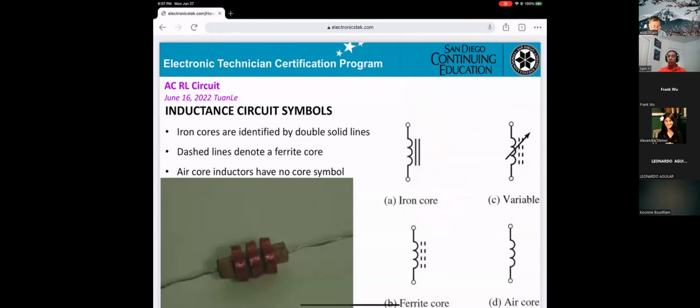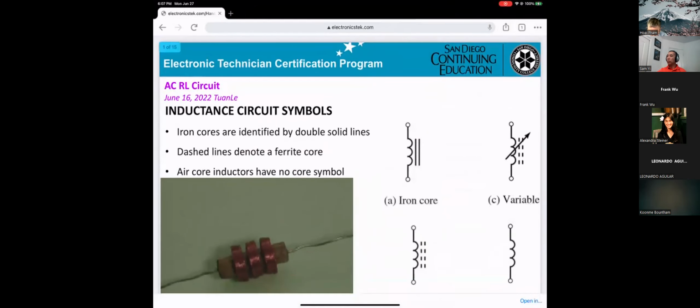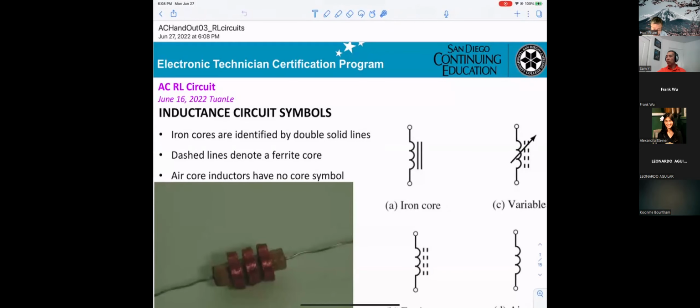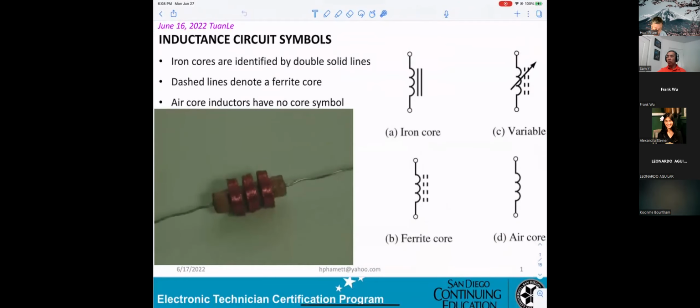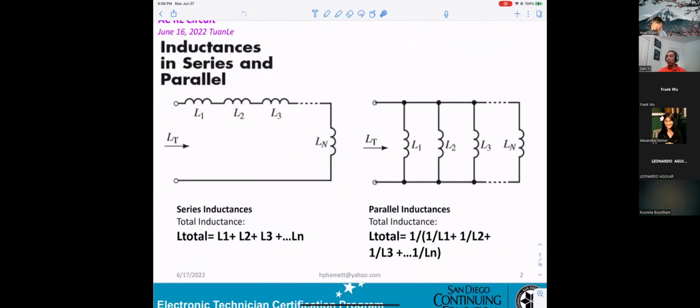Now we're talking about the inductor. This is the symbol, different types, and they also give you a picture of an inductor. Inductors in series and parallel: you have L1, L2, L3, Ln.